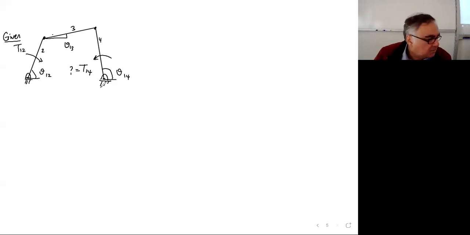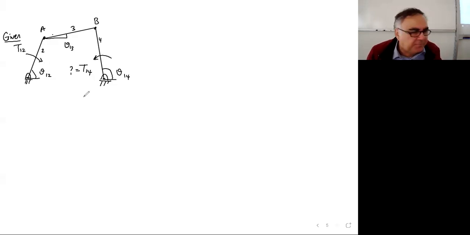Okay. We want to find the torque on the other side to keep the mechanism in static equilibrium. It's not too difficult.